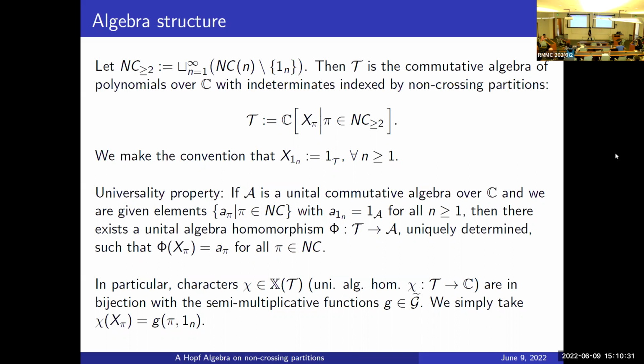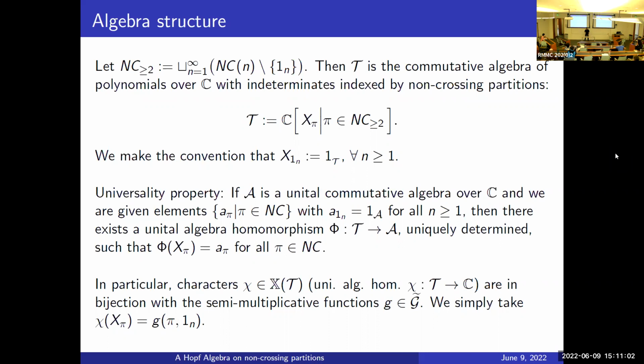The point of taking this is that now we can recover the semi-multiplicative functions, because if you take the values of the function on the indeterminate pi, with the same value on the interval pi to 1n, then you get a bijection between the characters in this algebra and the semi-multiplicative functions that Andu mentioned before.